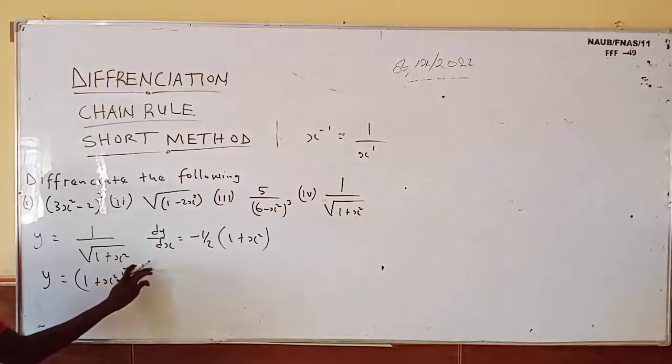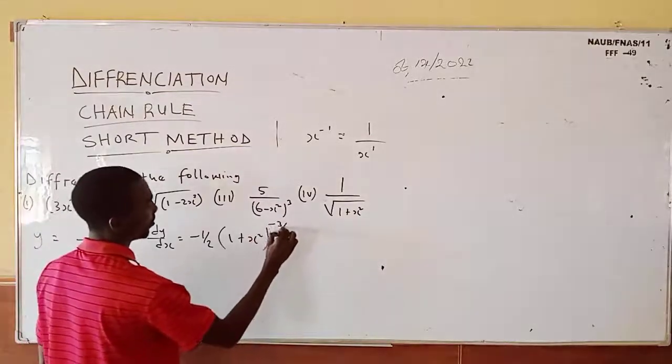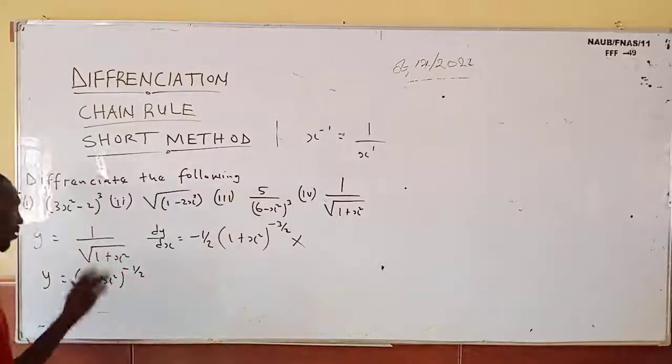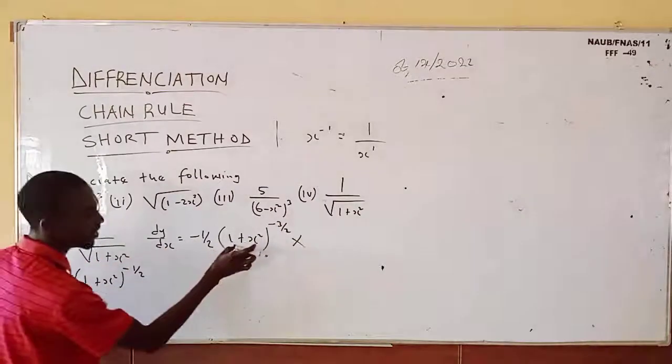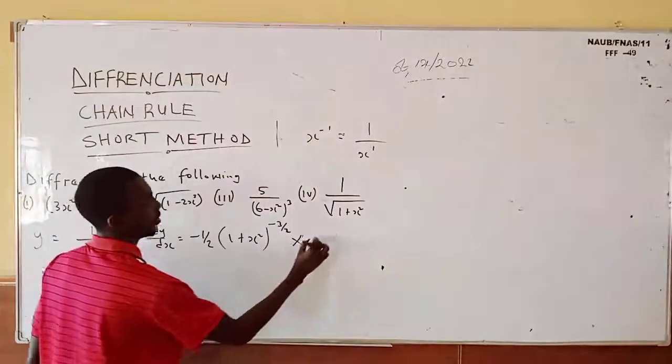If you subtract 1 from here, minus 1 over 2 minus 1 is nothing but minus 3 over 2. So now times, then times what? We differentiate the inside. And if we differentiate the inside, we are going to have 2s.